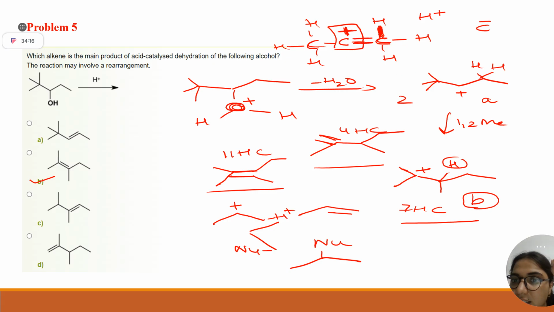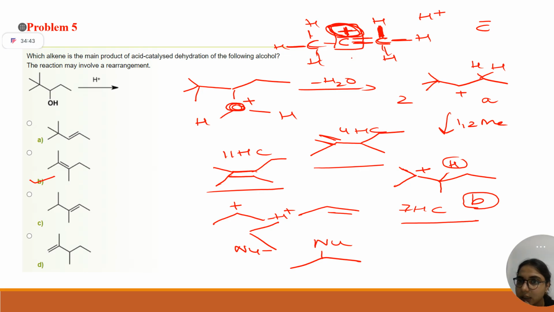So how many such CH are present in your system which can decrease this intensity of positive charge? Obviously, 1, 2, 3, 4, 5, 6. So 6 CH sigma bonds can help your carbocation get stabilized. This is your hyperconjugation.